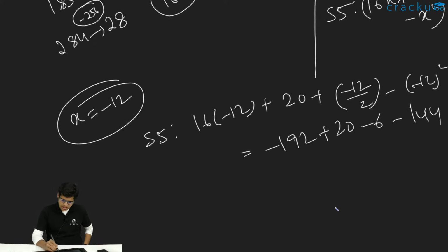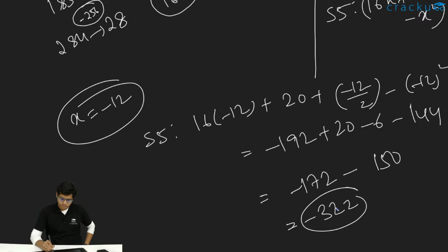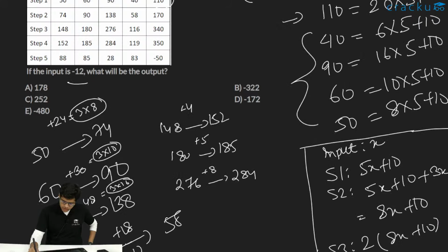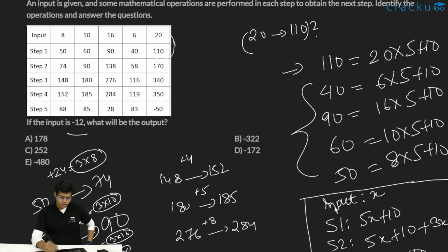So basically it is minus 192 plus 20, minus 172. Minus 6 minus 144 is minus 150. So it is minus 322. So the step 5 value is minus 322. Option B is the correct answer.